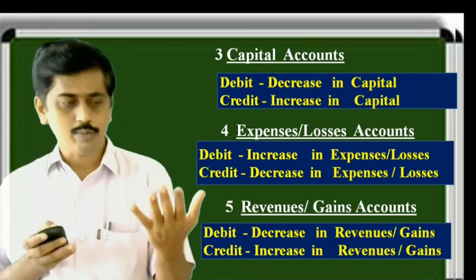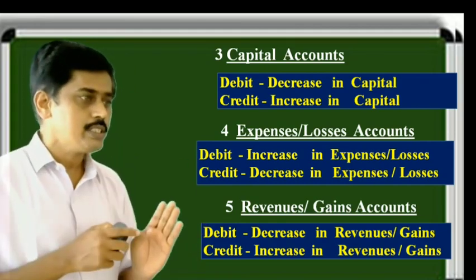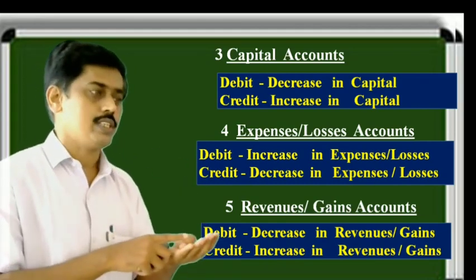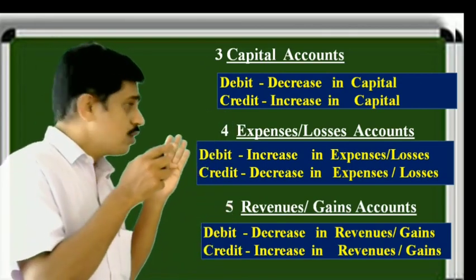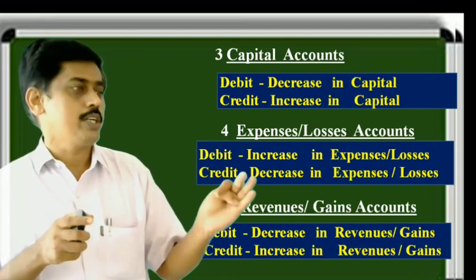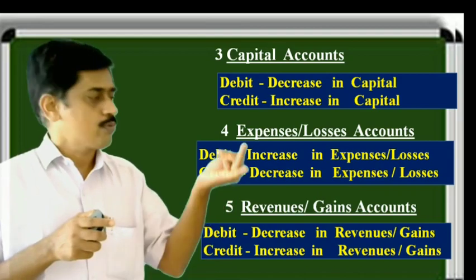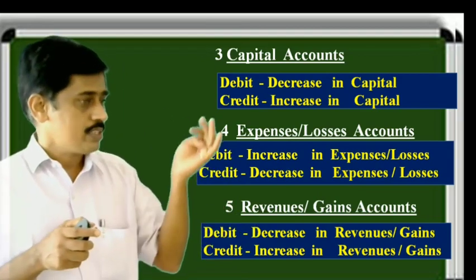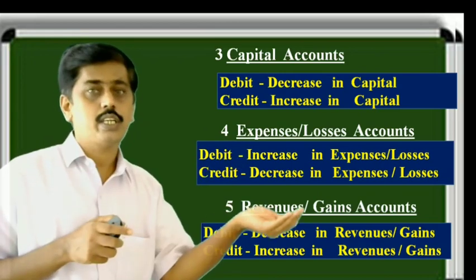So in the 5 types of accounts, in case of assets account, what is the rule? Debit increase in assets and credit decrease in assets. For liabilities account, debit decrease in liabilities and credit increase in liabilities. For capital, debit decrease in capital and credit increase in capital.